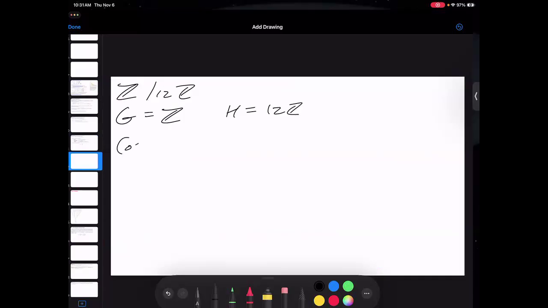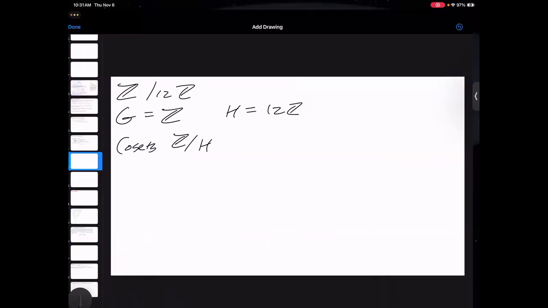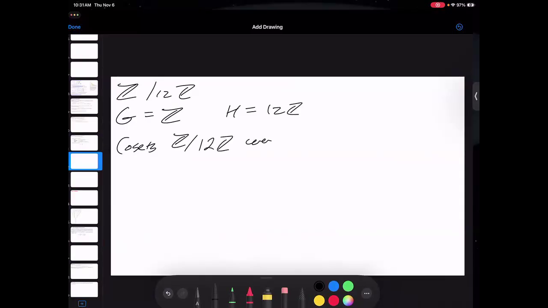And the cosets were 0 plus 12Z, 1 plus 12Z, all the way up to 11 plus 12Z.